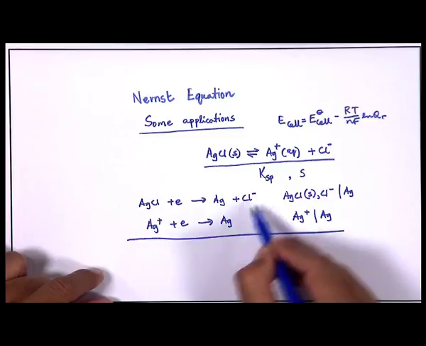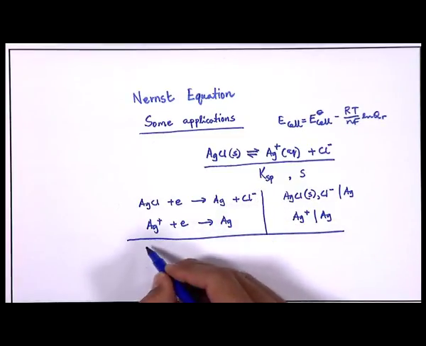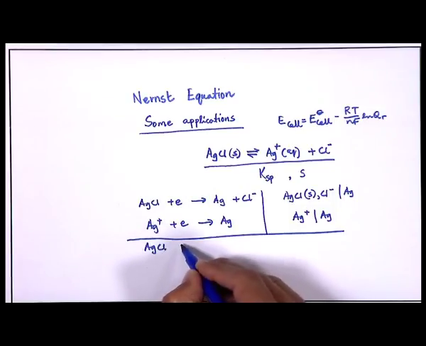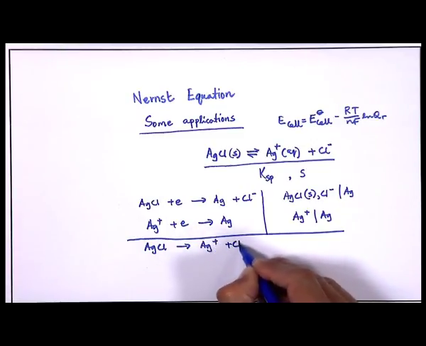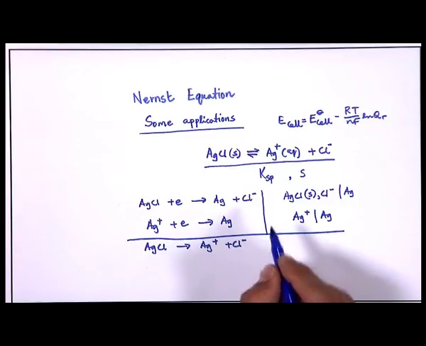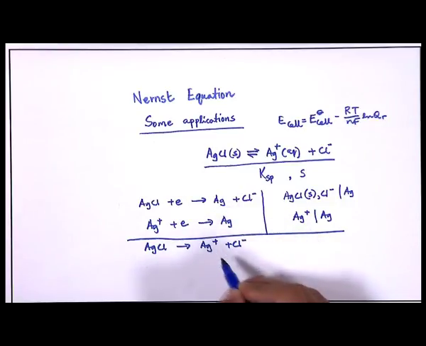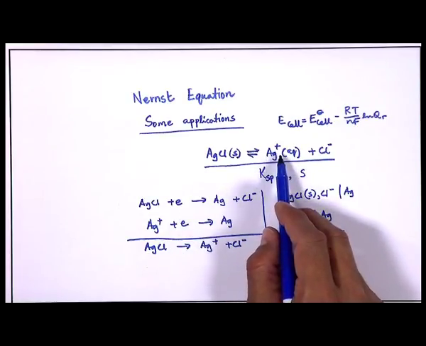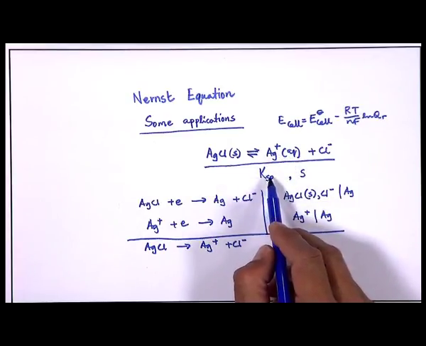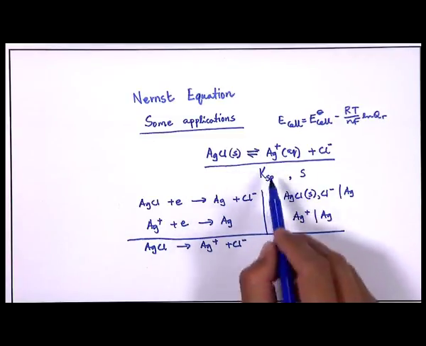these two reactions, what are we going to get? We will be getting AgCl giving Ag plus and Cl minus. So, we get the same reaction as this one, because this is the equation that is involved for this particular quantity.